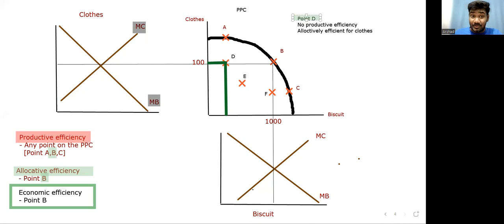Then I'll explain that again by explaining point F. Can you tell me about point F? Is point F productively efficient? Yes or no? Please give me answers quickly now. No productive efficiency. What can you tell about allocative efficiency?